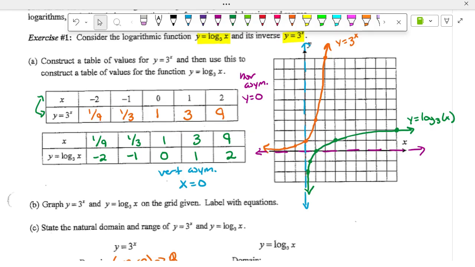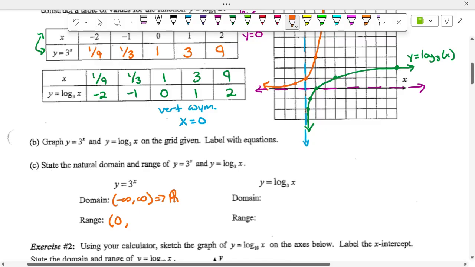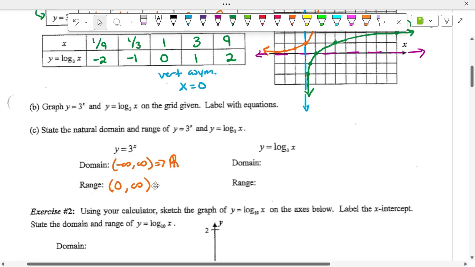You'll just get infinitesimally close to it. So technically it's undefined at 0. That's why we use a parenthesis, not a bracket. Bracket means defined, parenthesis means undefined. So our range goes from 0 to infinity. And remember, you can also write that as y is greater than 0.